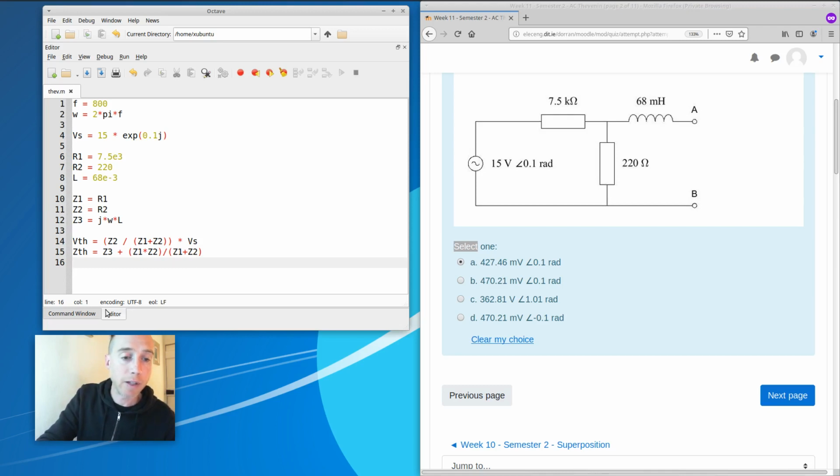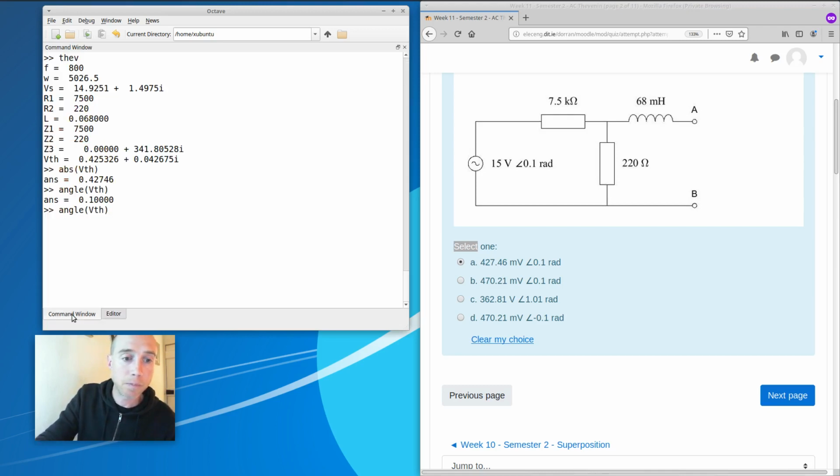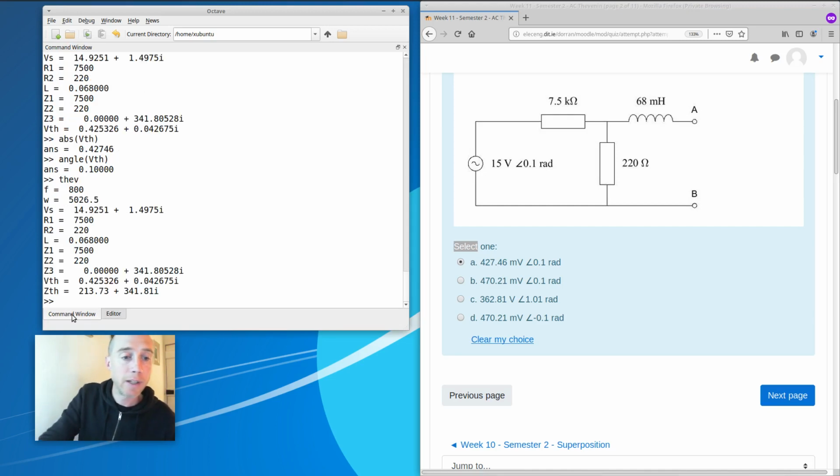And save the file, and I'm going to run it again here. So Thev to run the file, and you can see it's got the same answer again for VTH of course, but it's now added on the end of it here, ZTH. So you can see that ZTH is a complex number as we expect, because it's a mixture of this inductor and then parallel combination of these two resistors.